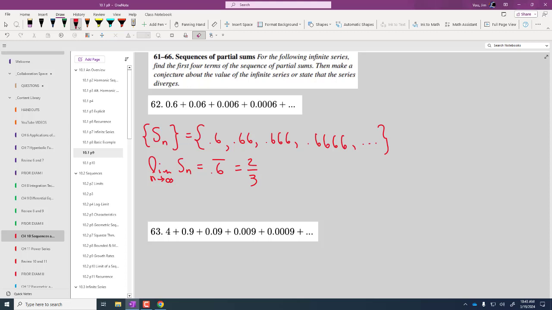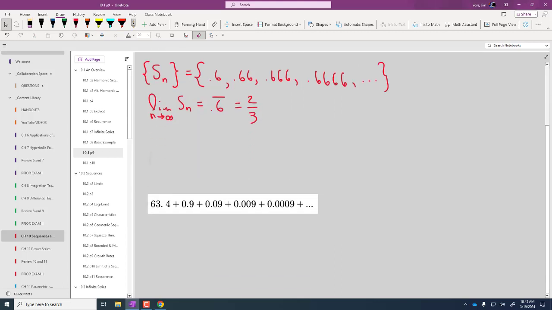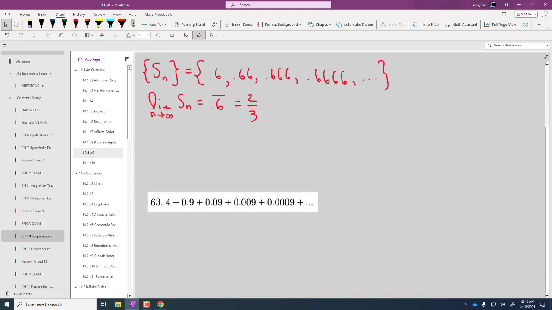To make sure we all know, does everyone agree that 0.6 bar is the same exact thing as 2/3? How do you take a repeating decimal? If we let x equal 0.6 repeating, and we want to turn it into its rational form, we do the whole multiply by 10 business.